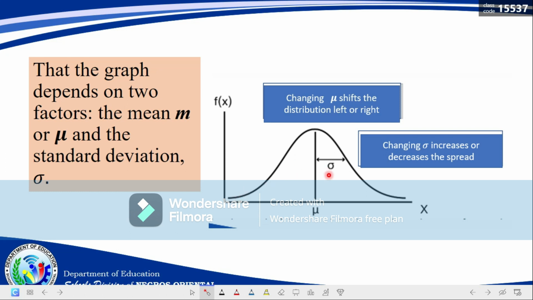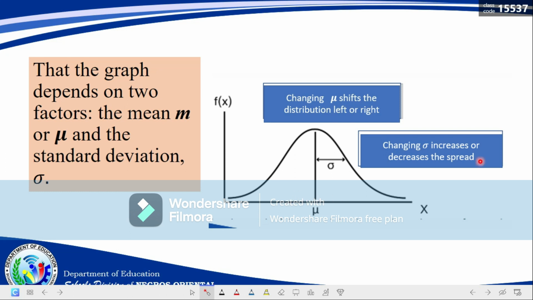So you have it here. Changing the mean shifts the distribution left or right. Look at this. So this is the mean, and if we change the mean, we can change it here or somewhere here.